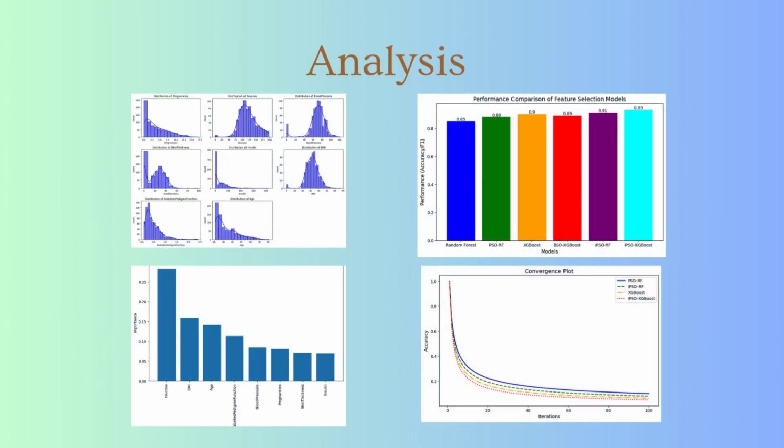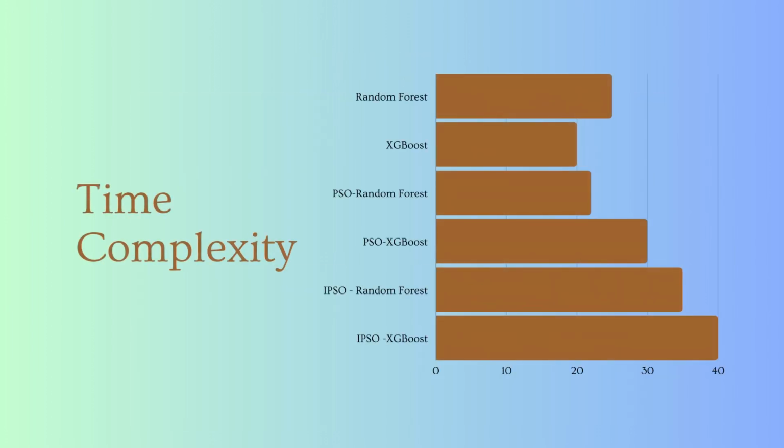For the analysis, I plotted some plots using the matplotlib library in Python. I applied the basic PSO and the IPSO, both algorithms with the classification models, random forest and XGBoost, and I mapped their time complexity, the convergence plots, and the feature distribution from the dataset.